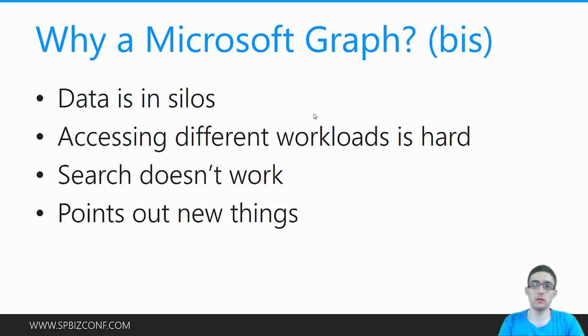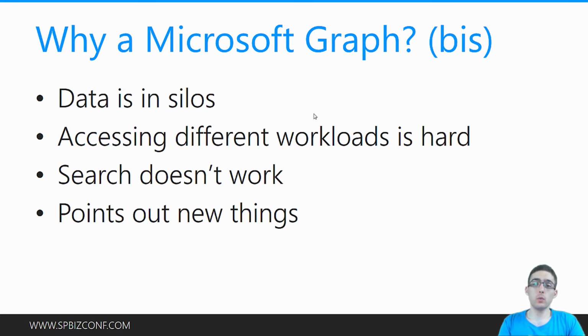Even if you are using, let's say, Office 365 and everything is operated and maintained by Microsoft, it's very complicated to have data across all these separated systems. So they needed something on top of that to expose all the data and to be able to relate the data together, link the data together and use it.